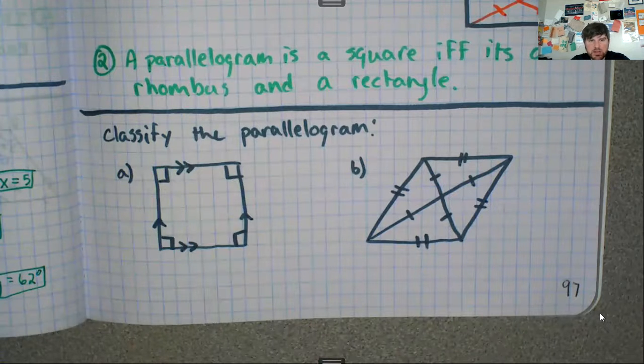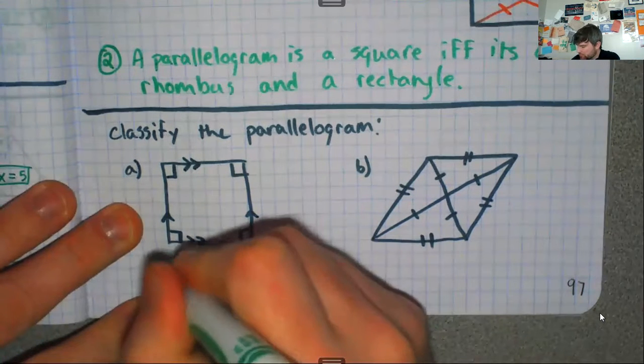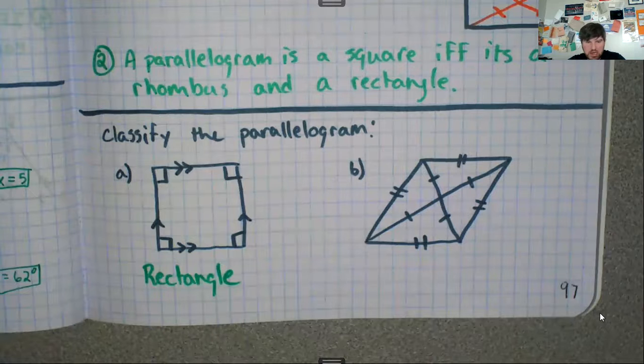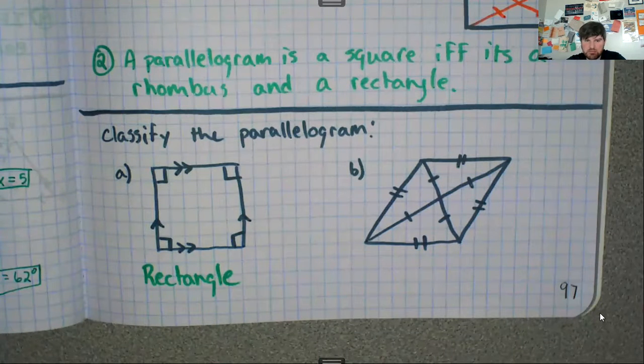And the only thing that is a parallelogram and has 4 right angles is a rectangle. Now, looking at it, they want you to believe that it is a square because they kind of made the sides look the same length. But it is not, because they don't tell us that the sides are the same. They do tell us that you have 4 right angles. So it is a rectangle.